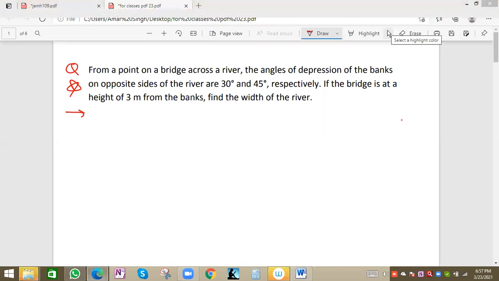Okay, Navneet, your answer is correct. 3 in bracket 1 plus root 3 meter. Okay, fine.